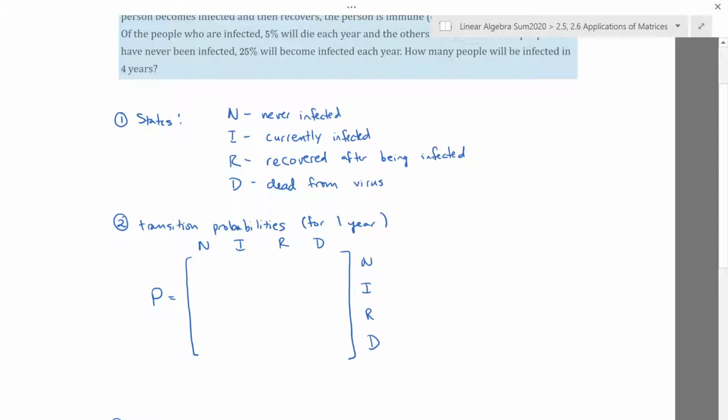The first column represents the probabilities of transitioning from the never infected to the different other states. The column for I is the probabilities transitioning from I to the other states, and so on.